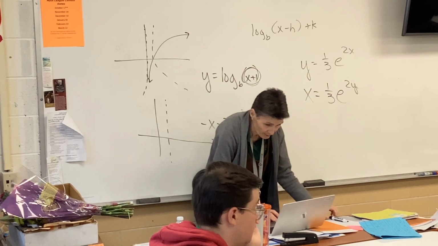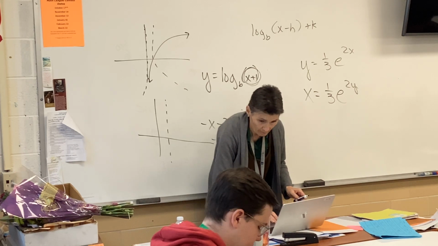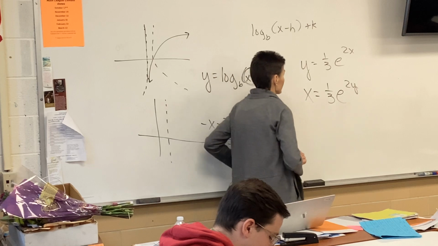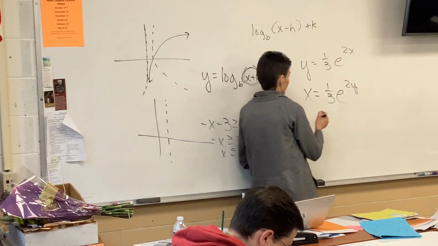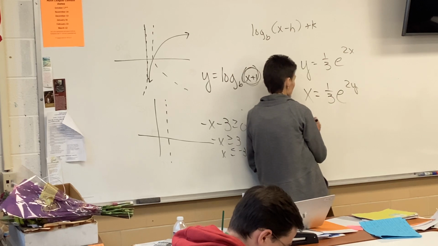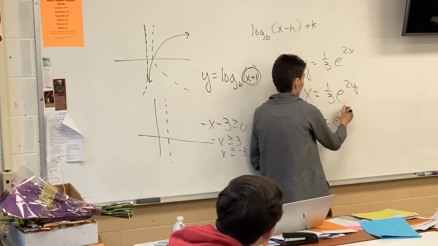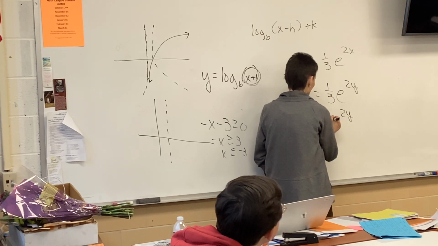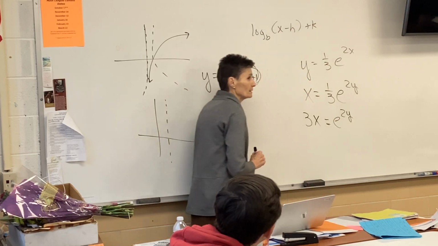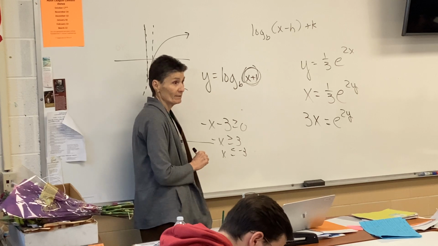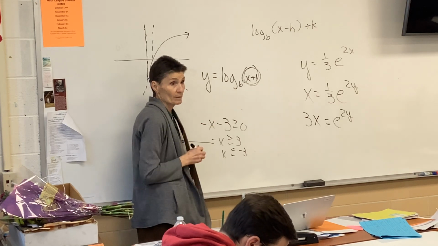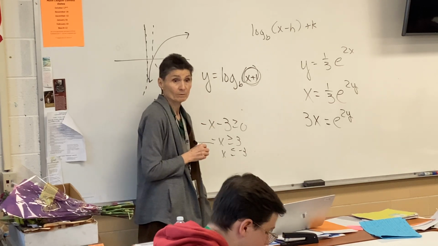All right, now what do we do? Yeah, multiply by 3, get rid of that, perfect. Now remember, we're solving for y. So the only way to solve for y is to get rid of it as an exponent. So what am I gonna need to do?